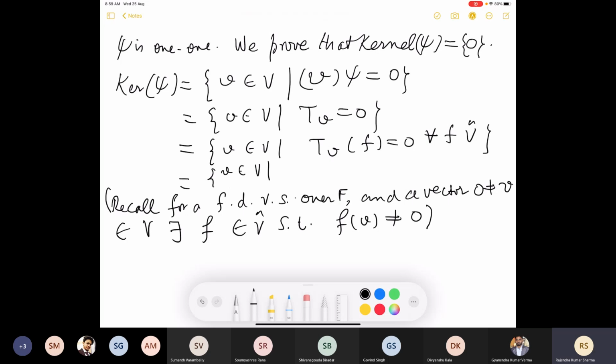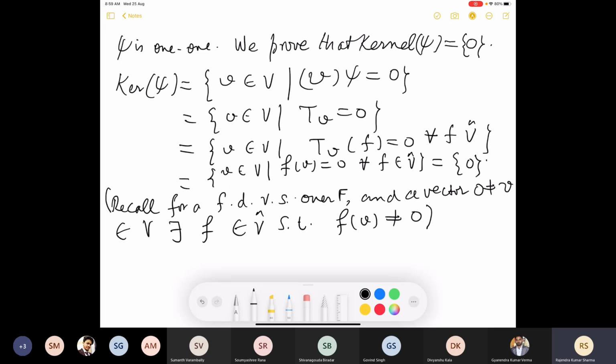So V in V such that f of V is 0 for every f in V hat has to be 0. What does the kernel consist of? Kernel consists of all V in V so that f of V is 0 for every f in V hat.